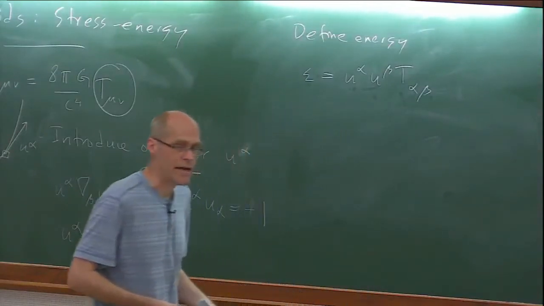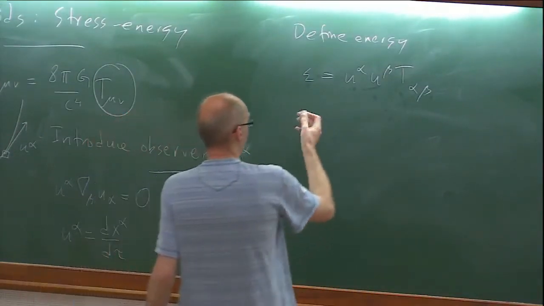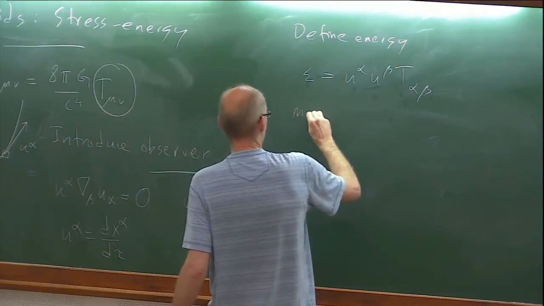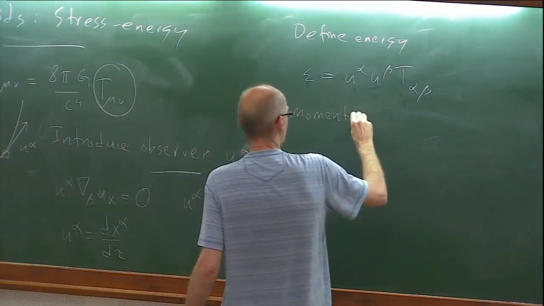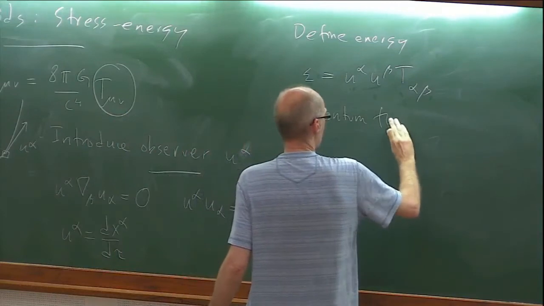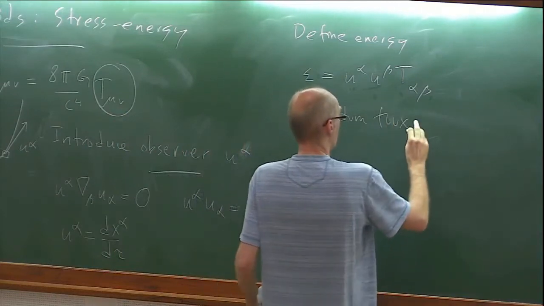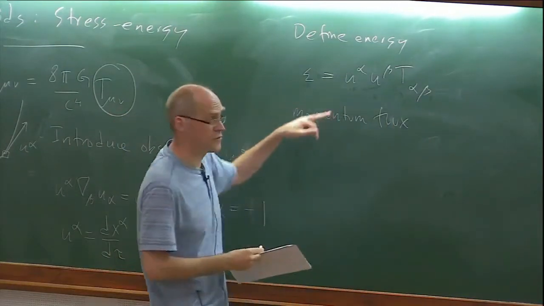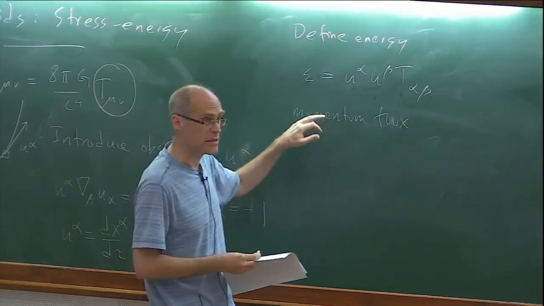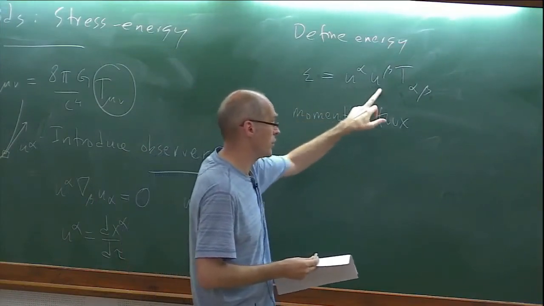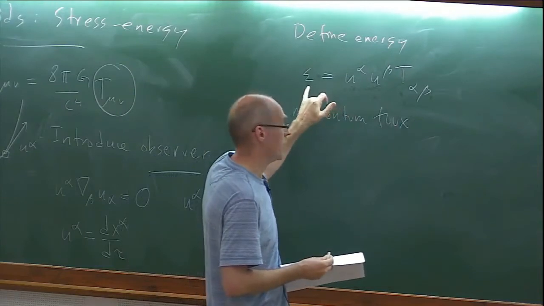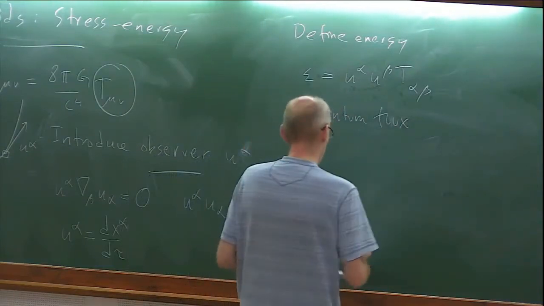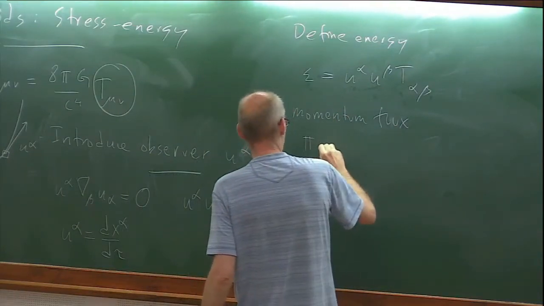But I can measure energy, not just energy, I can also measure energy, momentum, flux. Let's call it momentum. So this is now the flux relative to me. So that means it won't have a component along U, because if it had a component along U, I would pick it up here. Okay? So I'm going to define that, say pi alpha.